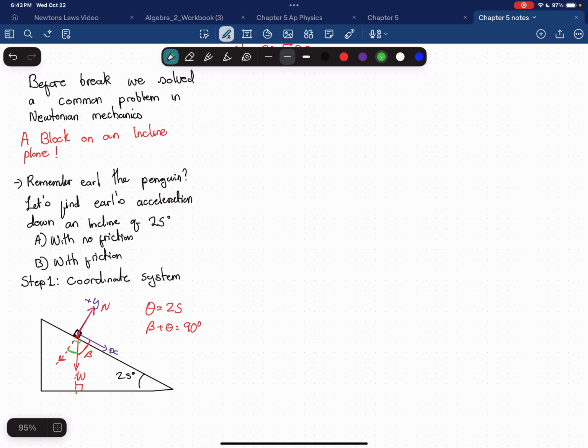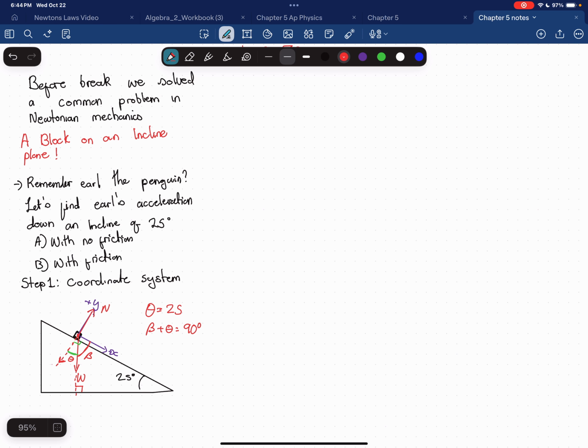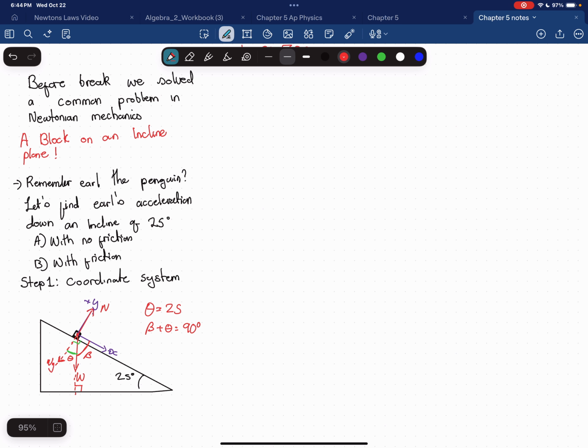Because I know beta plus theta should equal 90 degrees, it's safe to say that to make this angle complete, that should be theta. Boom. And because that's theta, we can now use this angle to calculate both omega y, this is omega y, and this line that connects omega y to omega flat.